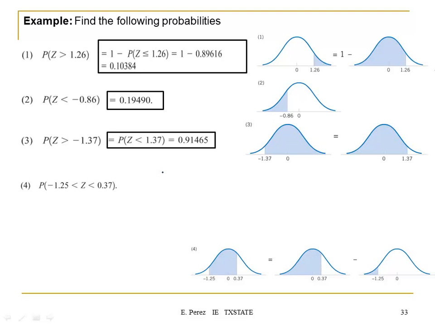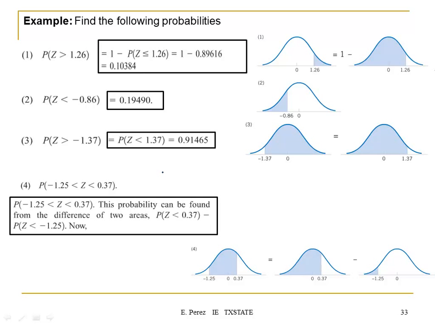Again, the table is giving you the information to the left. So if you find 0.37, it is going to include everything to negative infinity. You need to subtract this area. And that's what we're doing. So we're going to find the probability of 0.37, and we're going to subtract the probability of minus 1.25. And that's going to give us this area.